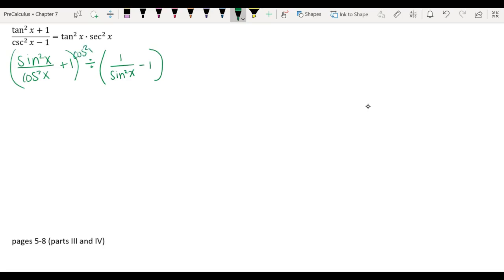This gets me sine squared plus cosine squared over cosine squared divided by, and then this is sine squared over sine squared.